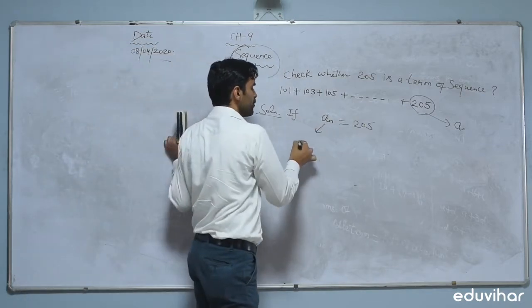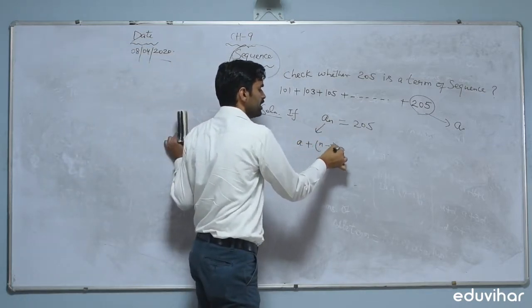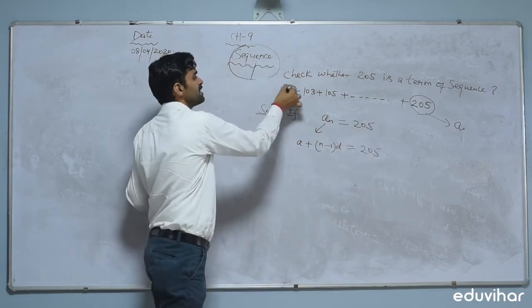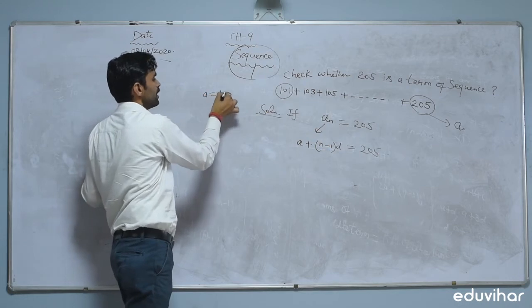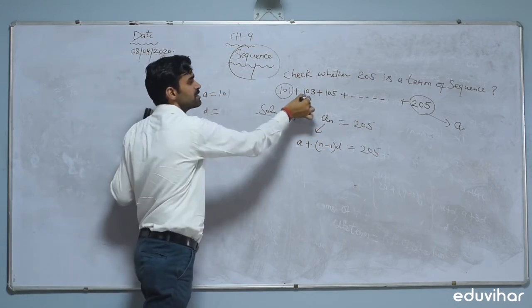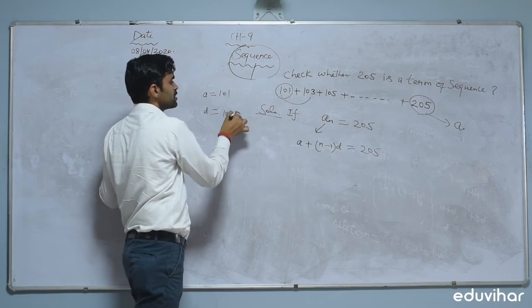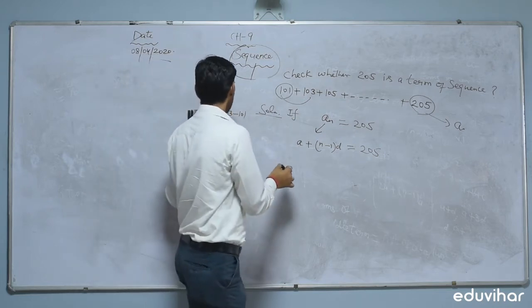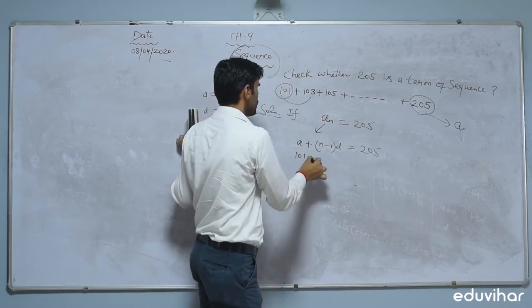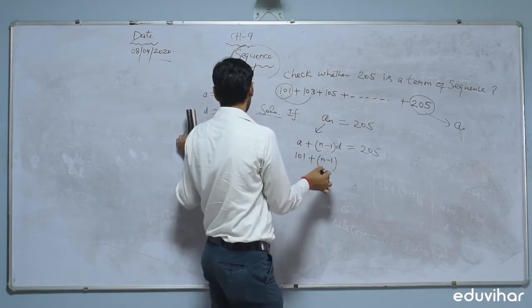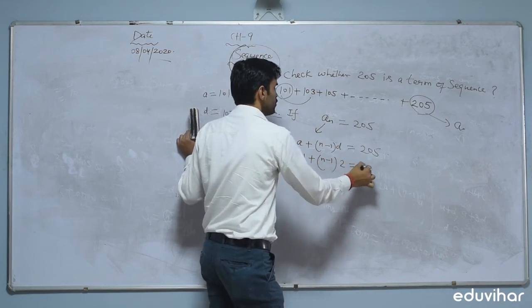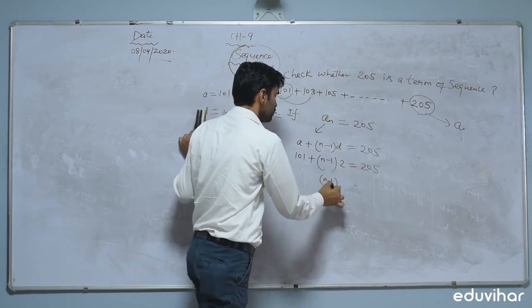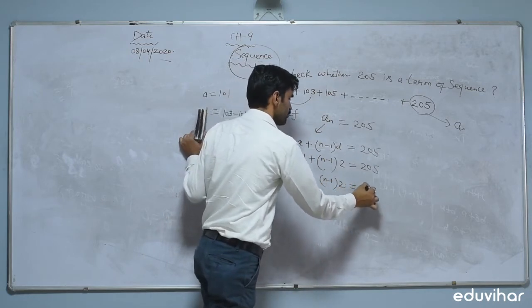An means a plus (n minus 1) into d, which is given to us as 205. Here the value of a is 101 and the value of d, the common difference, is 103 minus 101, which comes out as 2. So we have a equal to 101, n we have to find out, d is 2, equal to 205. Here (n minus 1) into 2 is 205.